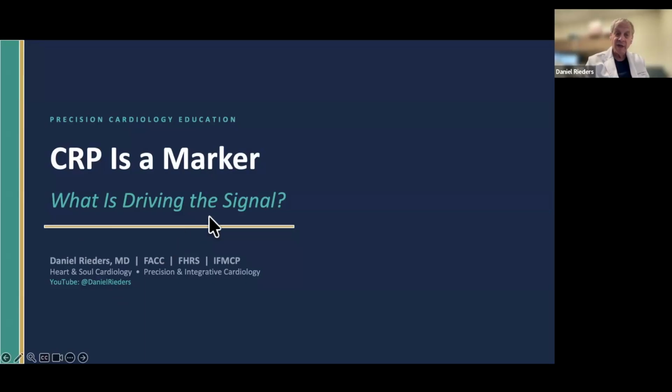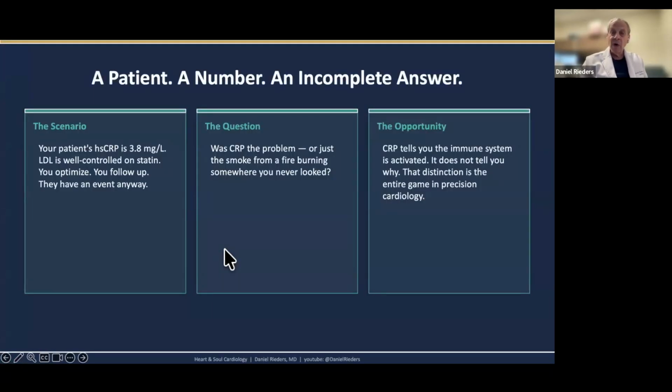So, hsCRP, high sensitivity CRP, versus the other CRP that can be measured, hsCRP is known as cardiac CRP, is a marker. So in clinical medicine, we have something called a sedimentation rate. And so with a sedimentation rate, when it's elevated, or an hsCRP is elevated, or something called a GlycA, those represent that there's something going on in the body that's not good.